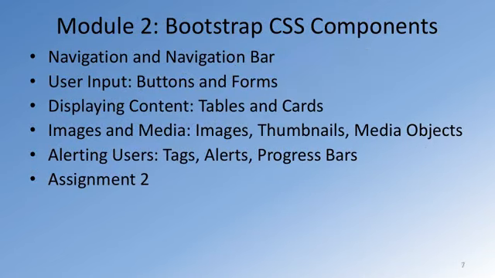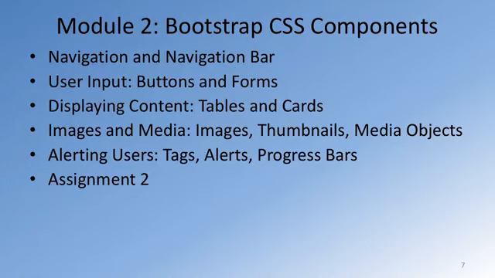The second module deals with Bootstrap's CSS components. We'll look at the design of the Bootstrap navigation bar and how we can make use of it to support navigation. We'll look at user input through buttons and forms. Then we'll look at how we can display content using tables and cards.